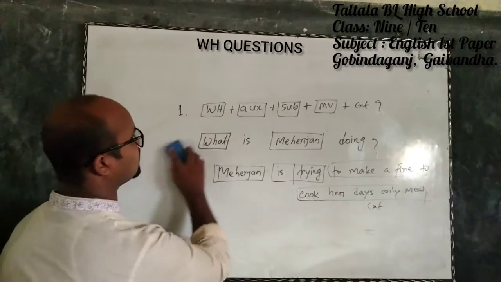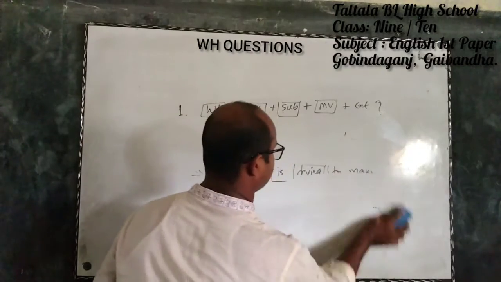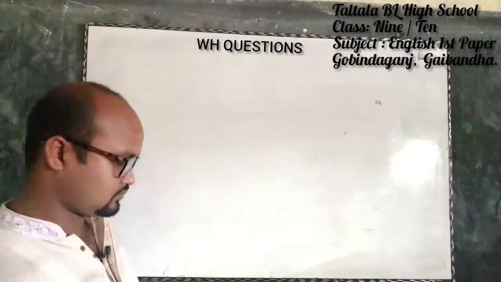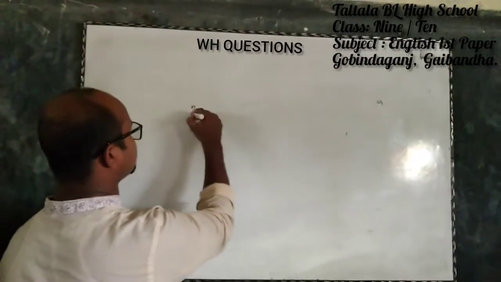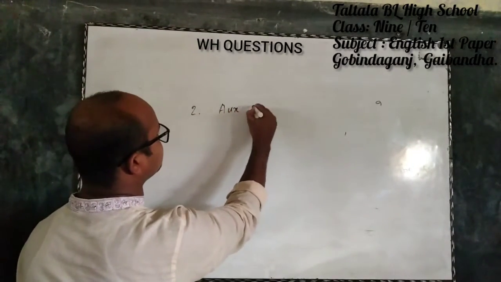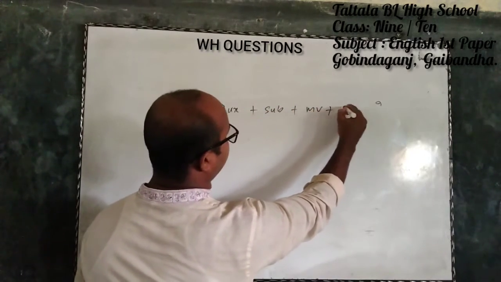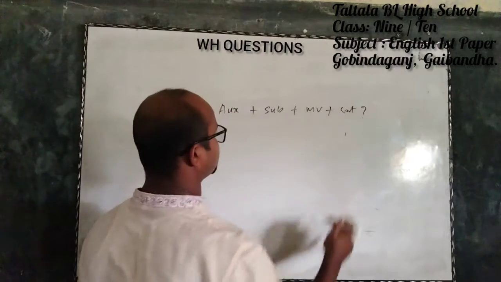Now come to the next structure. The next one is auxiliary verb plus subject plus main verb plus extension, question mark.